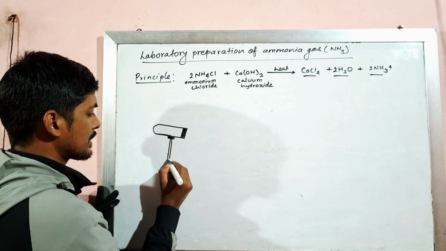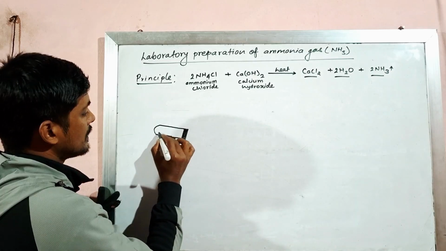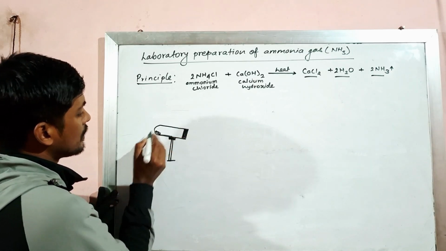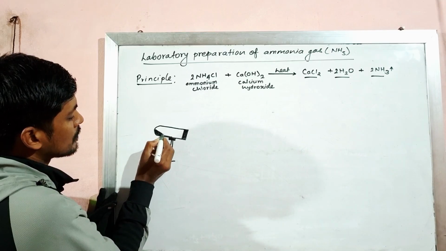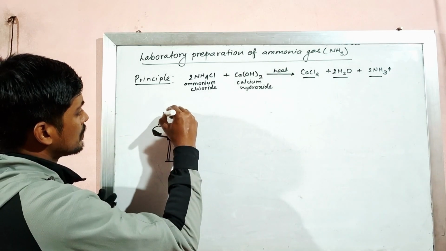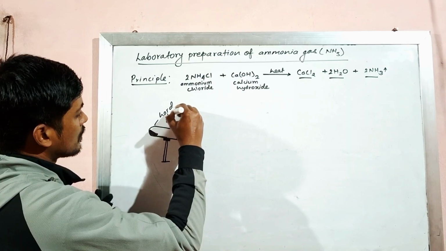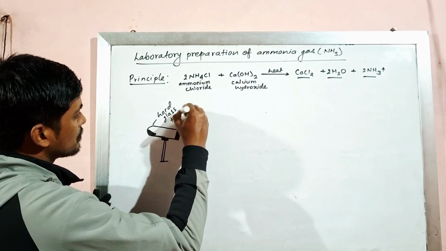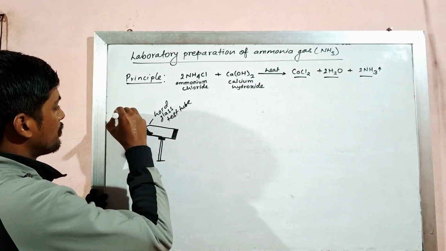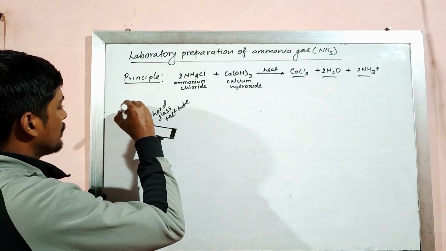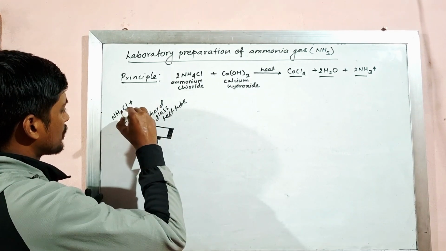We set it like this. Here we place the mixture of ammonium chloride and calcium hydroxide. This is the hard glass test tube, and here this one is the mixture of ammonium chloride and calcium hydroxide.